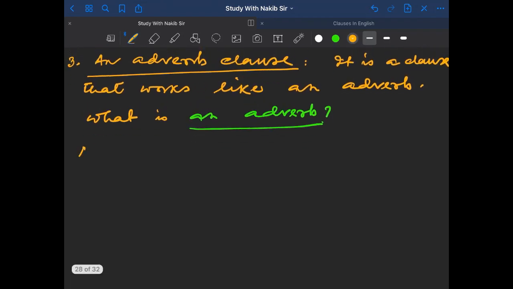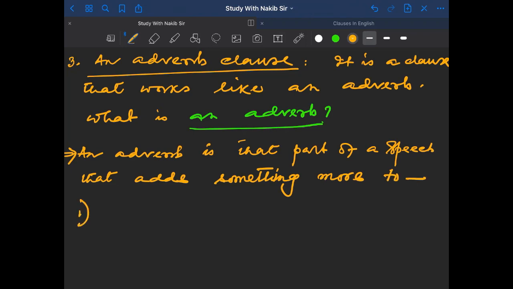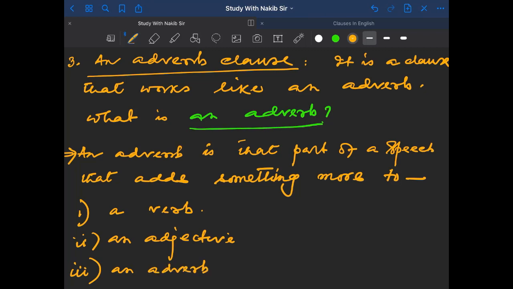An adverb is that part of speech that adds something more to, number 1, the meaning of a verb, number 2, the meaning of an adjective, and number 3, the meaning of another adverb.